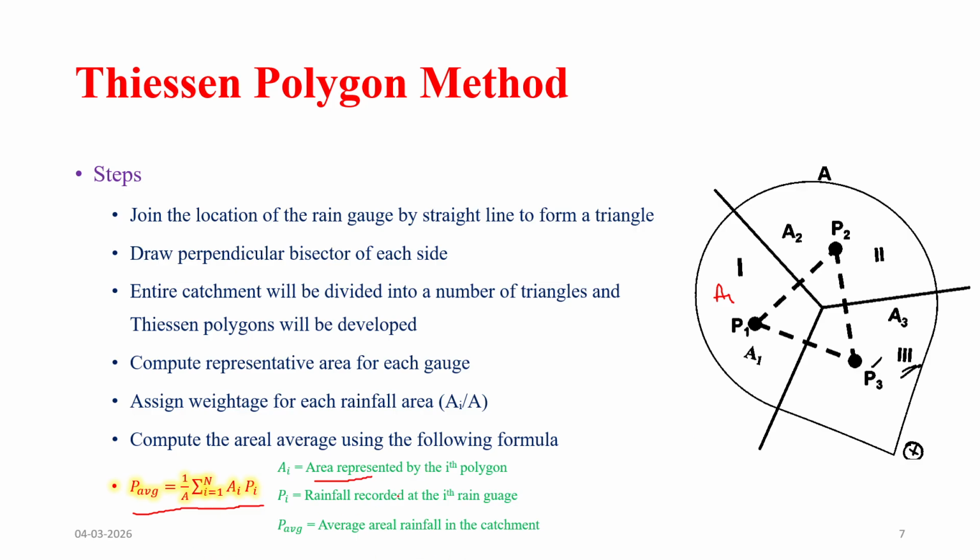And Pi is the rainfall recorded at this rain gauge. So P1 is the precipitation for polygon 1, P2 is for area 2, and P3 is for polygon 3. Now, by this formula, we can find the average areal precipitation.